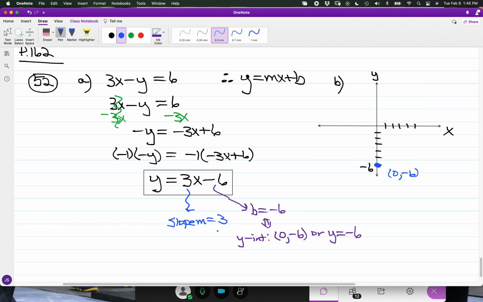With the slope m equal to 3, you can have a trend of up 3 units and out to the right 1 unit. So if I proceed from 0, -6, I go up 1, 2, 3 and out to the right 1 unit, and do it once more, going up 1, 2, 3 and out to the right 1 unit.